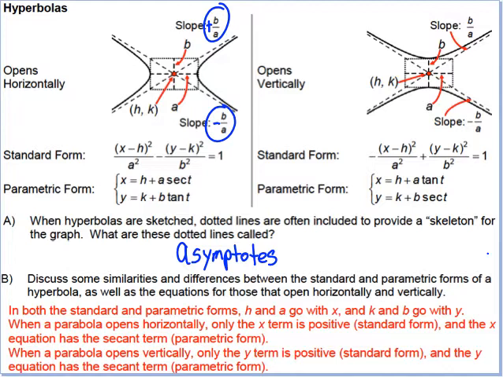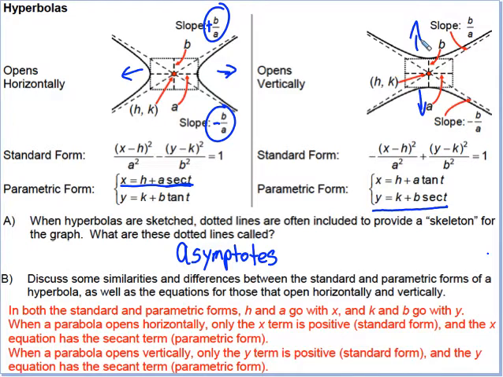A couple things you need to remember is that it depends on where the secant trig function is, and that will determine if you're opening left or right or up or down. Because secant is attached to the x formula, you're opening left and right over here, and on the right side, secant is attached to the y formula, so we're opening up and down.